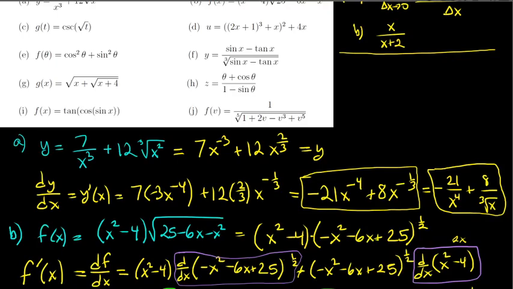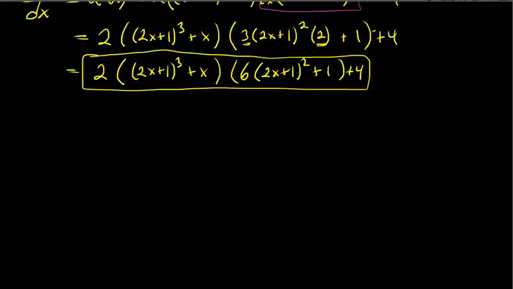E. Oh, E is really easy. You really can't mess this one up. So E, what is it? F of theta is equal to cosine squared theta plus sine squared theta. And, well, I'm going to do it the long way. If you don't know what this is, well, that's too bad, because this is very familiar.